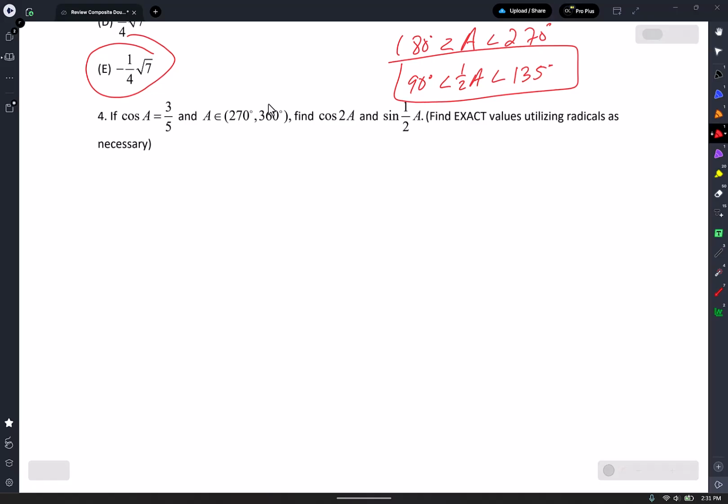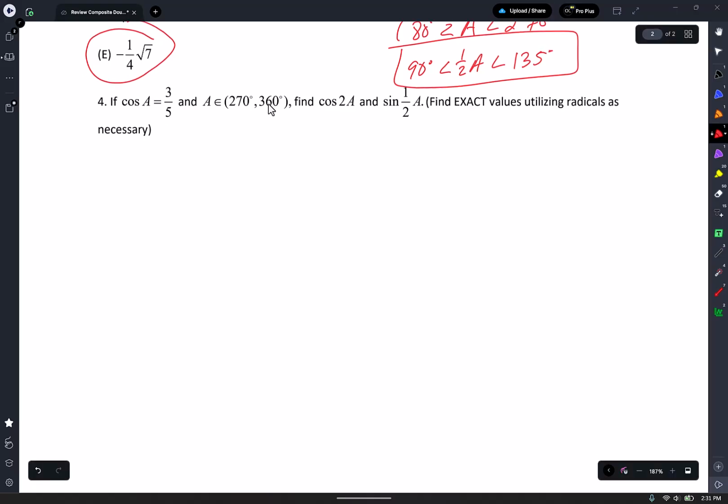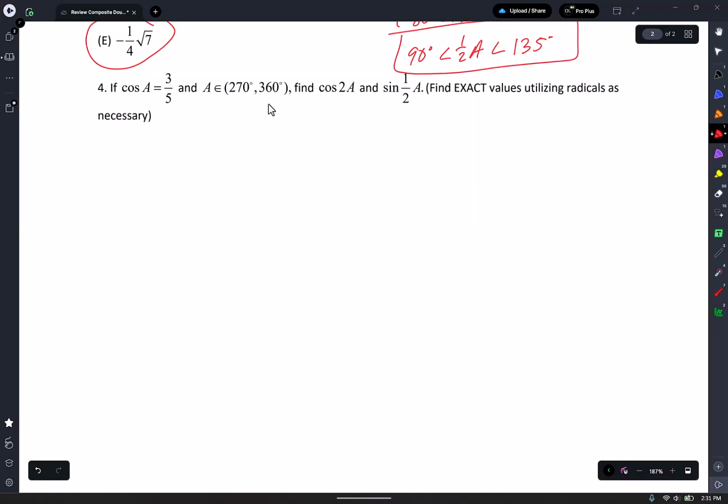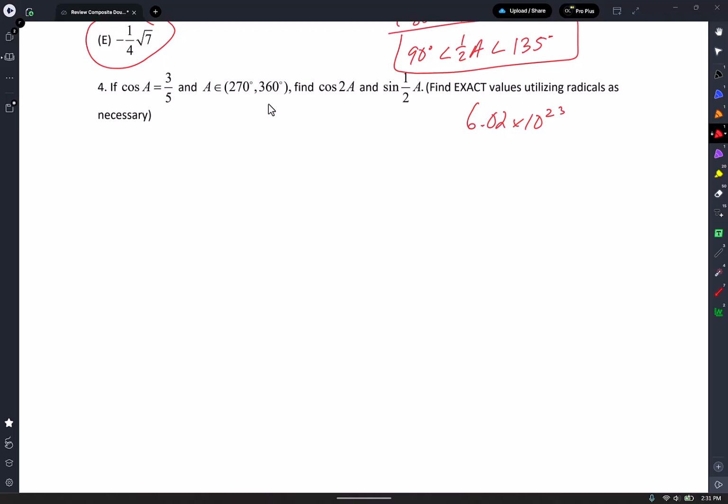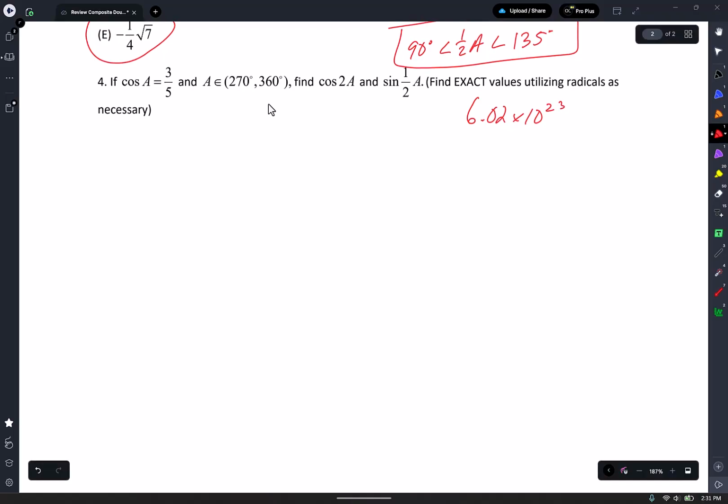Pop quiz. What's Avogadro's number? 6.02 times 10 to the 23rd. Come on, guys. You got to know some of these constants. What's Planck's constant? What's the speed of light?